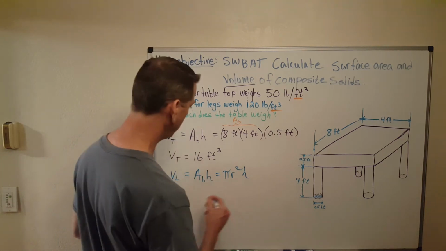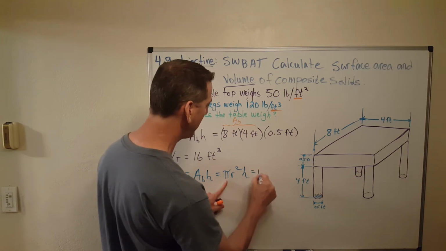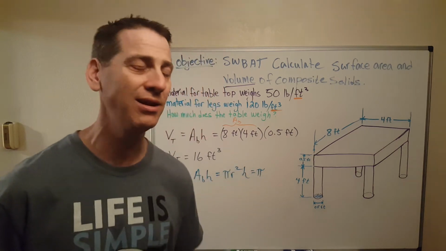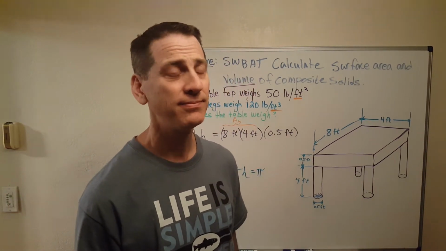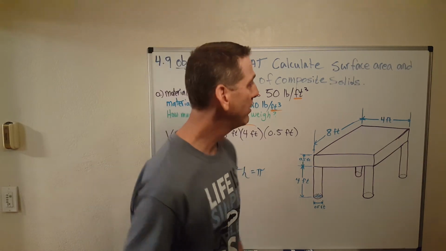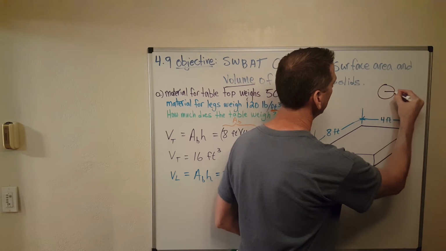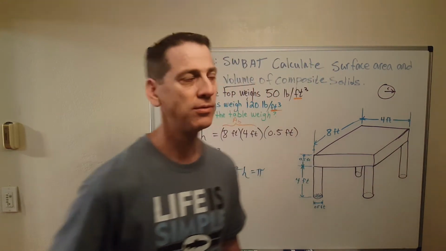Now let's go ahead and put some numbers in here. Pi is just pi. R, okay, now what's R? R stands for radius. Is the radius 0.5? Now remember, the radius of a circle is just halfway across the circle.